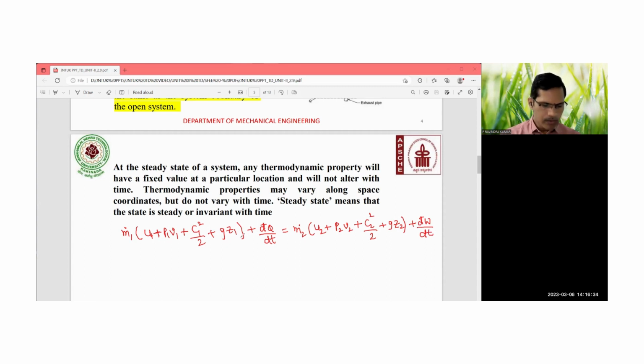And here what you should understand is that this is the energy flow rate per unit time.